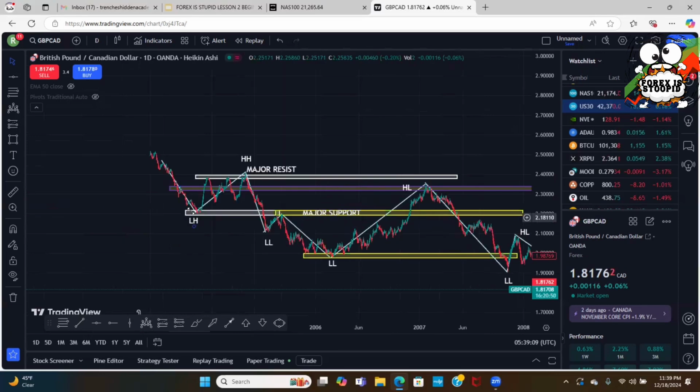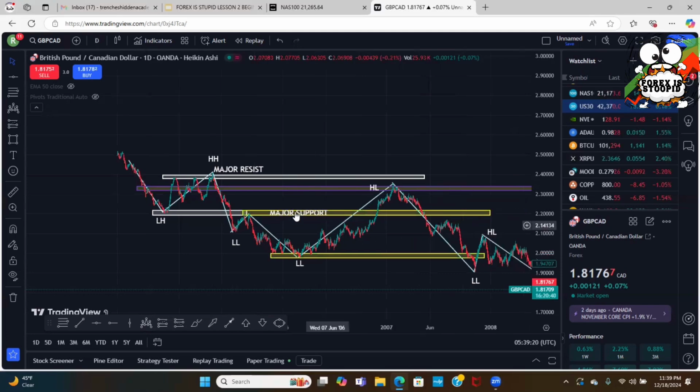Now it's resisted back down. Now it's support up here, resistance. So there was major support right here, major resistance here, and price is still resisting it back down.